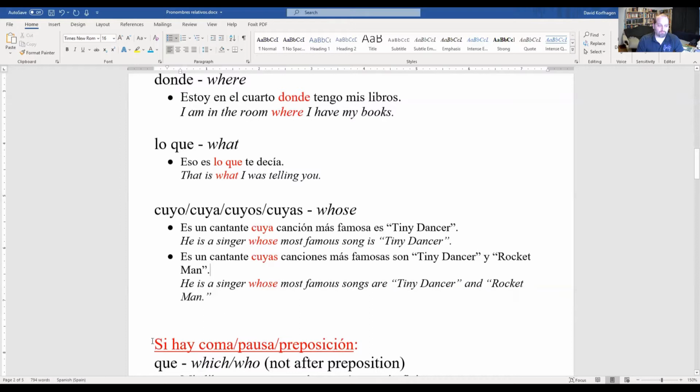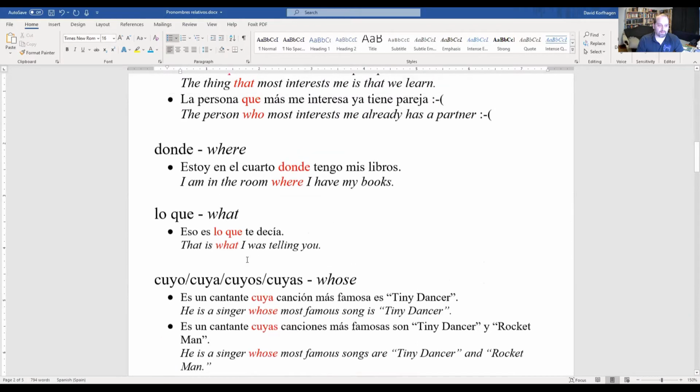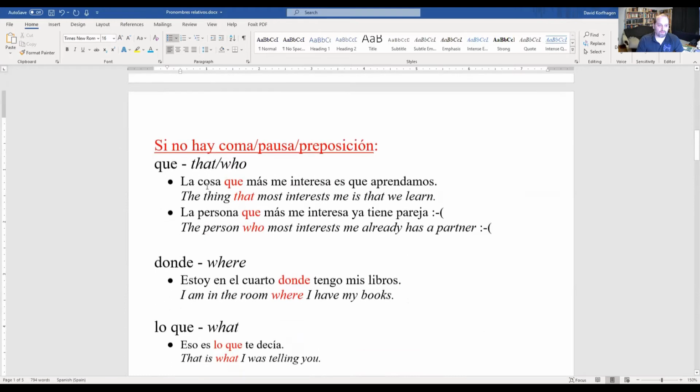Now, before we get into when there is a comma or preposition, the other thing I want to point out is that notice all these cases where there is no comma or preposition. In this case, la cosa que más me interesa es que aprendamos, right? There are lots of things, an infinite number of things.